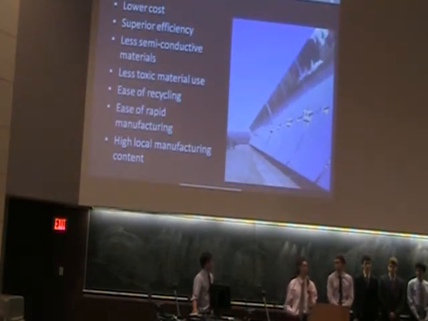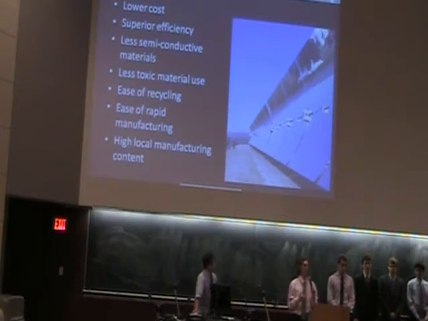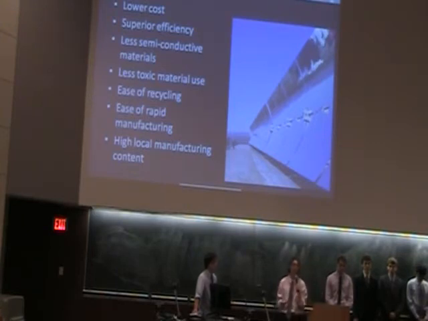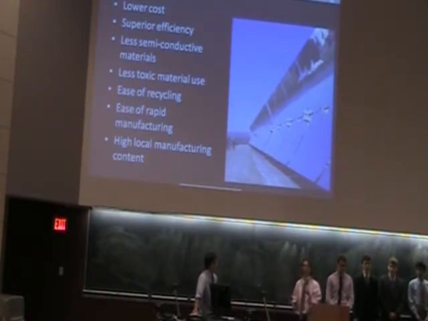So again, the lower cost of our system will be one key thing. Why exactly are we using the materials we're using? It's the fact that we're using low-cost things that you can find at a hardware store. They're easily manufactured. Many of them are recyclable, and you can pick them up at a local Home Depot or gardening shop. And this is what we built a reflector out of.